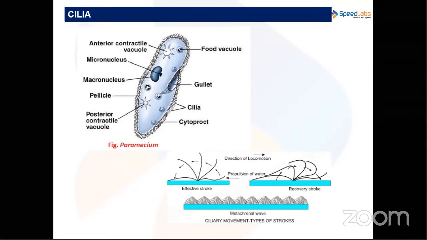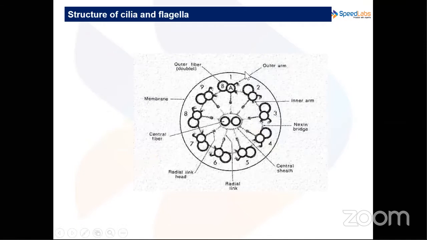So cilia and flagella are made up of two important things. See, this is the internal structure of cilia and flagella. I told you internally they are the same. So the internal structure of cilia and flagella consists of two important things.